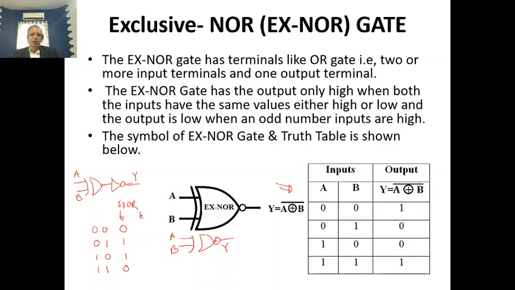And for the output of the XNOR gate, the exclusive NOR gate, invert this, means 0 becomes 1, 1 becomes 0, this becomes 0, and this becomes 1. 1, 0, 0, 1. And the Boolean expression for this is Y equal to A bar B bar plus A B. This is the XOR operation and the inversion of that XOR operation.